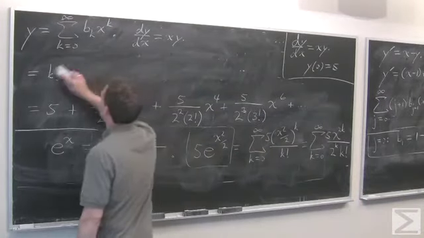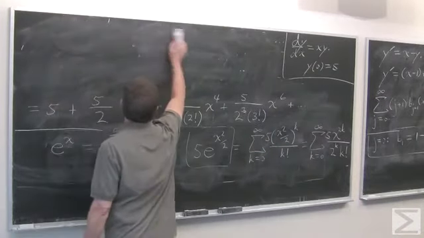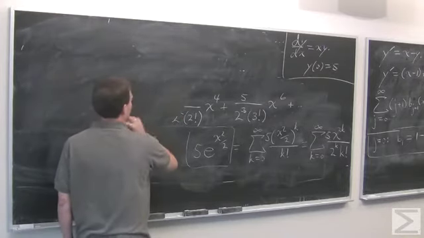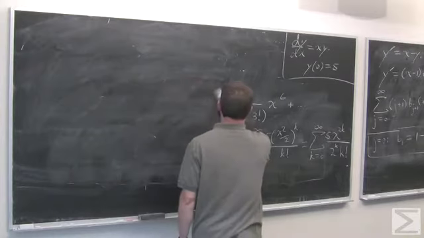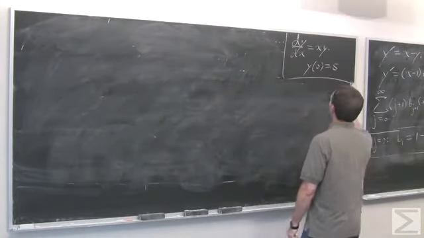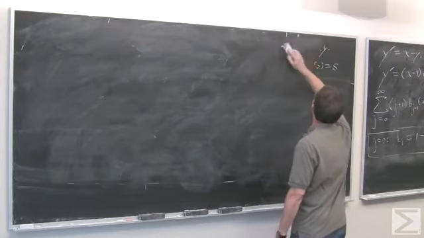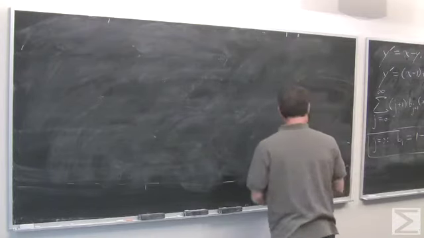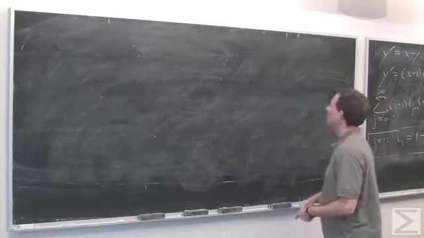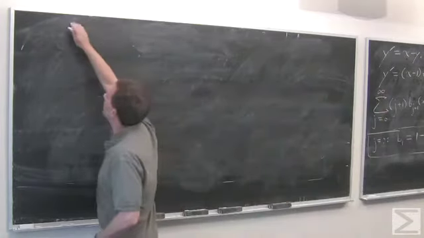You would just have to leave it like this, but we can look at the B's and see if there's a pattern that we recognize. And there will be, but that may not be obvious. So let me record where we are right now.